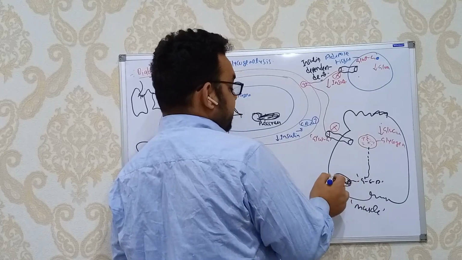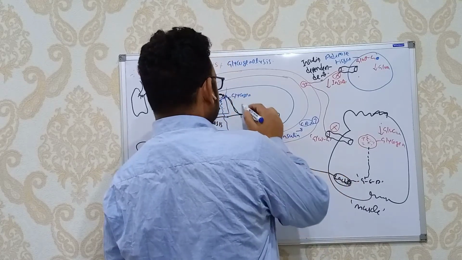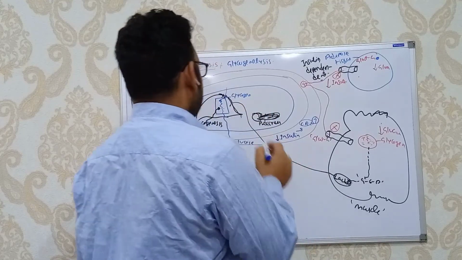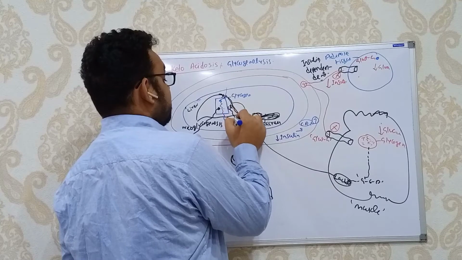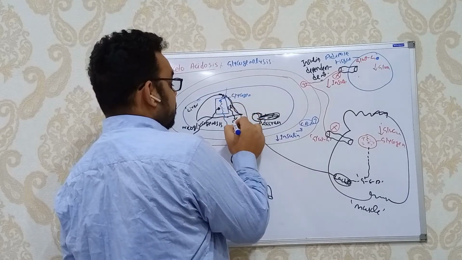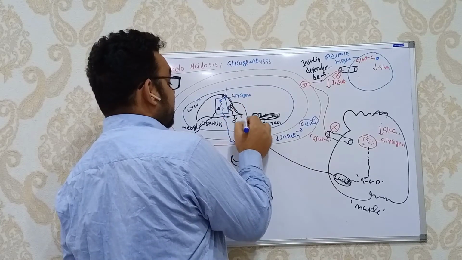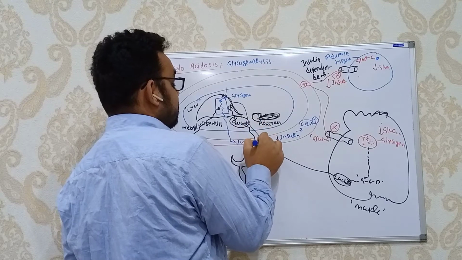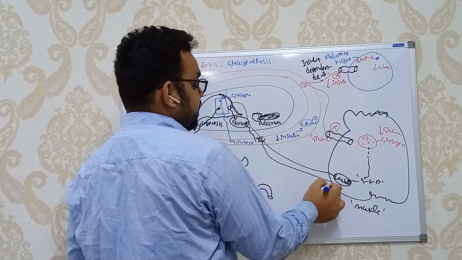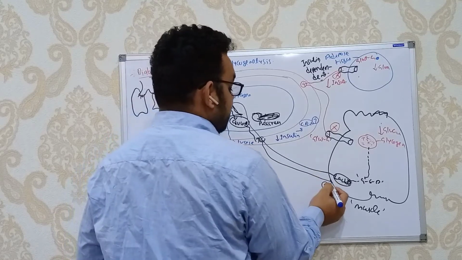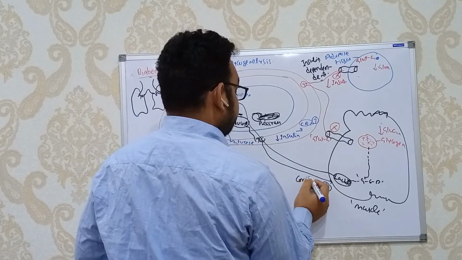And this lactate can be taken up by the liver, and this lactic acid will be converted by the liver into glucose, and it will come into the blood. So the amount of glucose increases, and this glucose may be utilized by the liver under physiological conditions also. That is known as the Cori cycle.